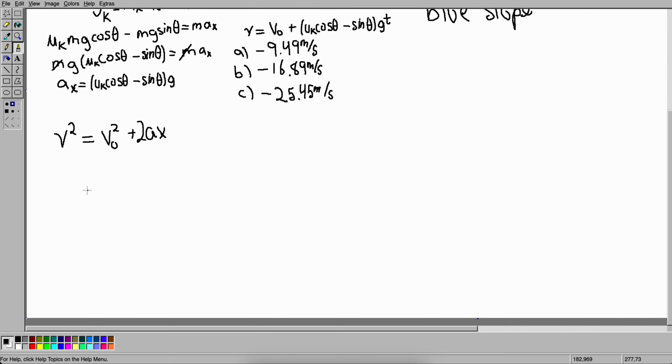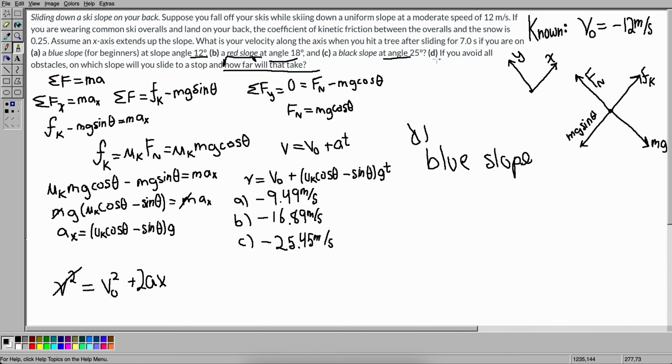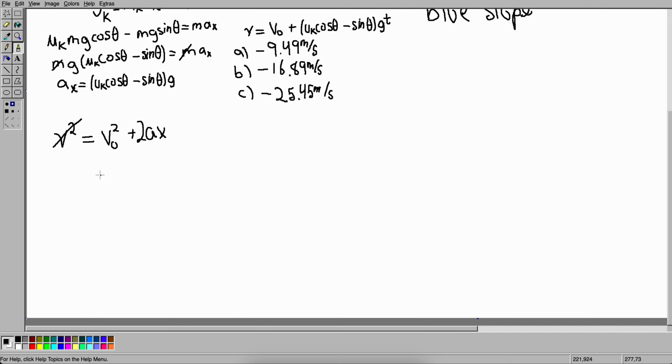If we solve for x, since we want our final velocity to be 0 because we're stopped, we get the equation negative the initial velocity squared over 2a is equal to our x displacement.